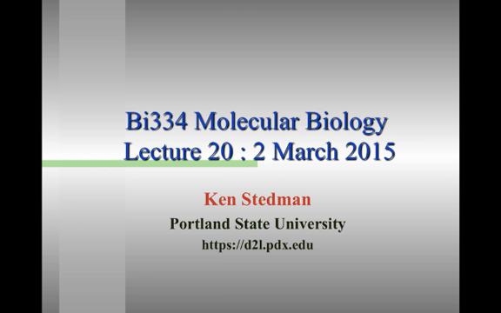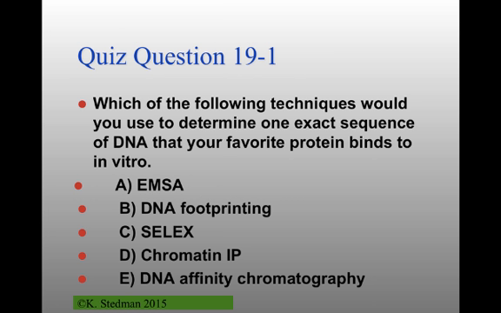So let's move on, talk about the quiz questions that we had last time. Which of the following techniques would you use to determine one exact sequence of DNA that your favorite protein binds to in vitro? EMSA, DNA footprinting, SELEX, chromatin IP, and DNA affinity chromatography.